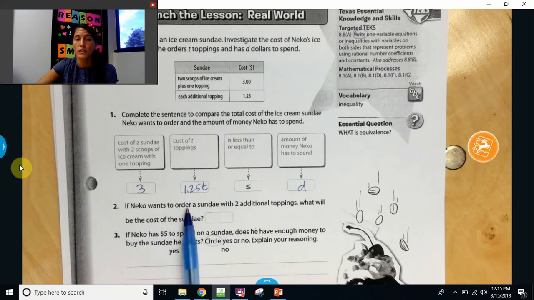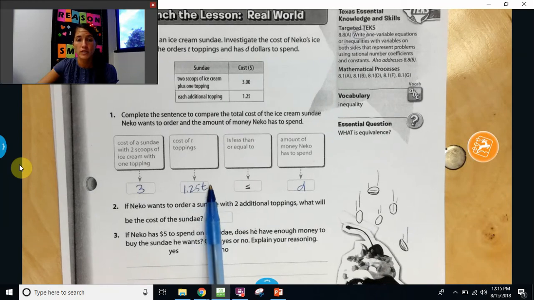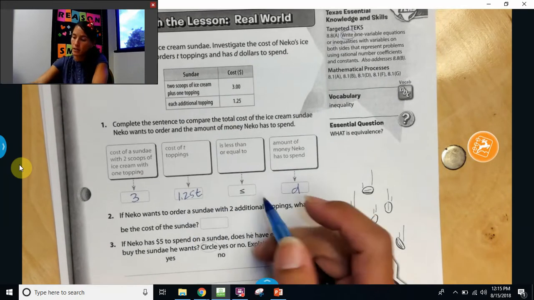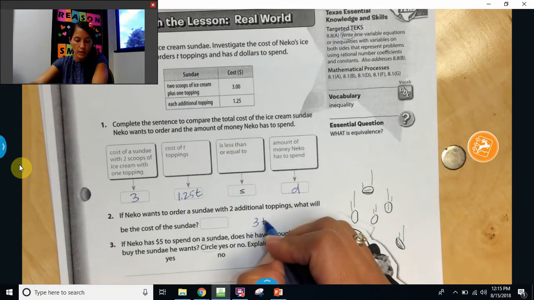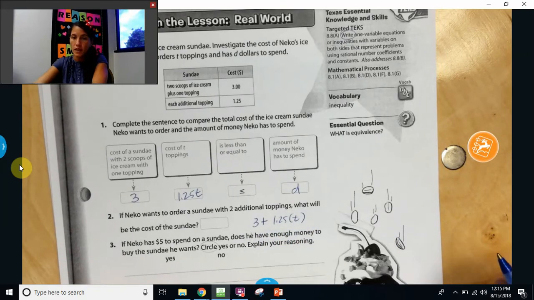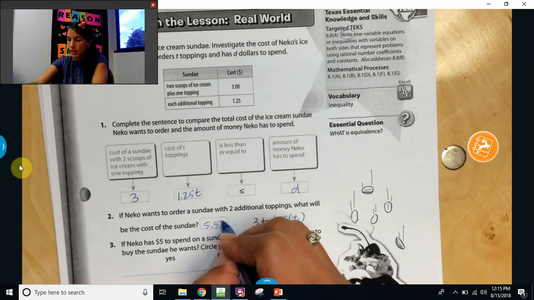If Nico wants to order a sundae with 2 additional toppings, what will the cost of that sundae be? So if he wanted to put 2 additional toppings, you would substitute a 2 in right here for T, and it would be 3 plus 1.25 times 2, and that would be $5.50.